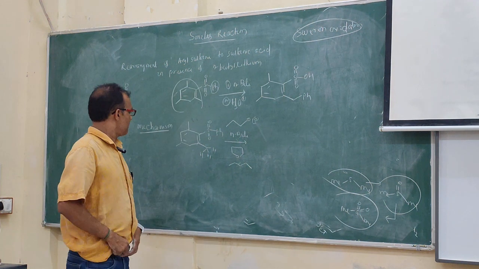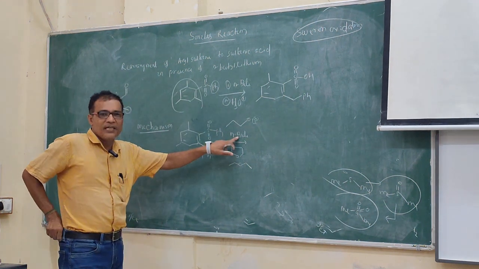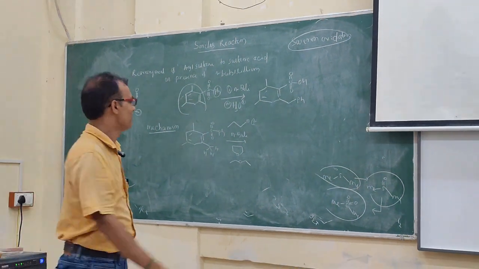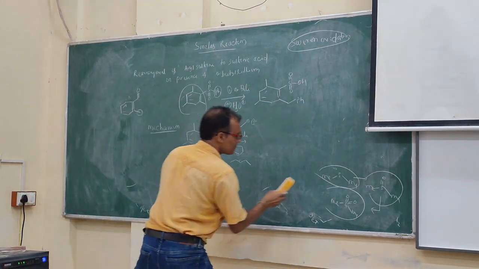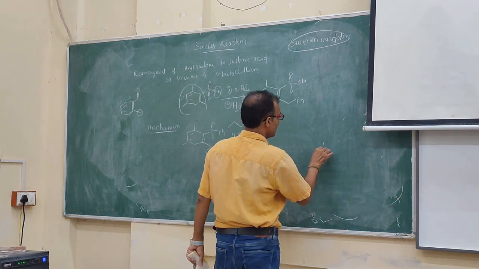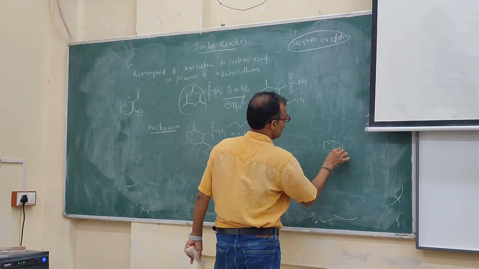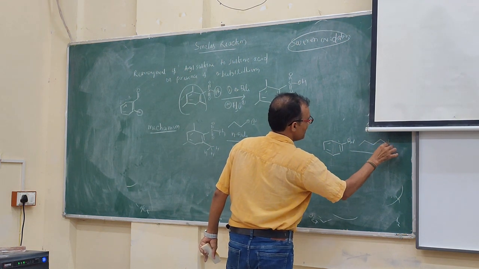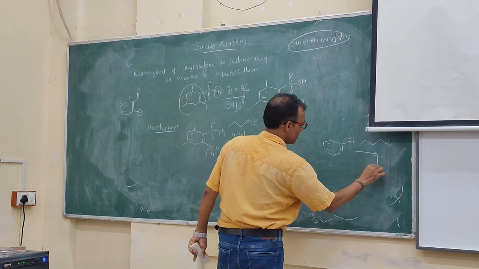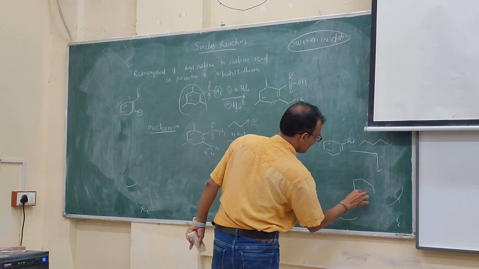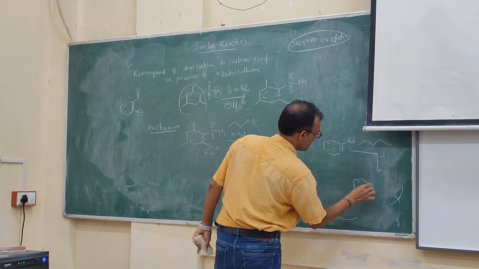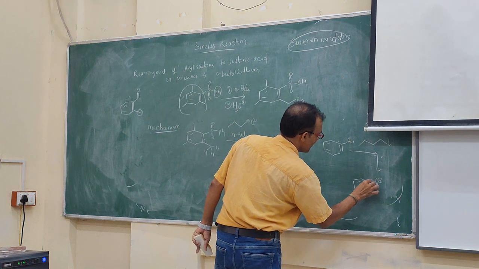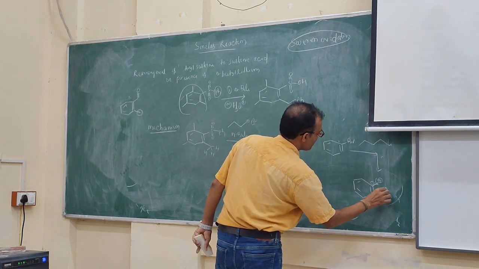This n-butyllithium can take an aromatic proton easily. Remember. I'll tell it. Suppose you have bromobenzene. So you take n-butyllithium, so you will get Li plus, this minus, plus this one.